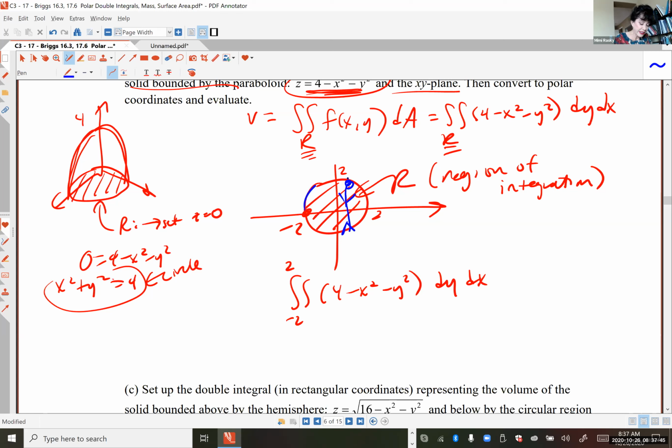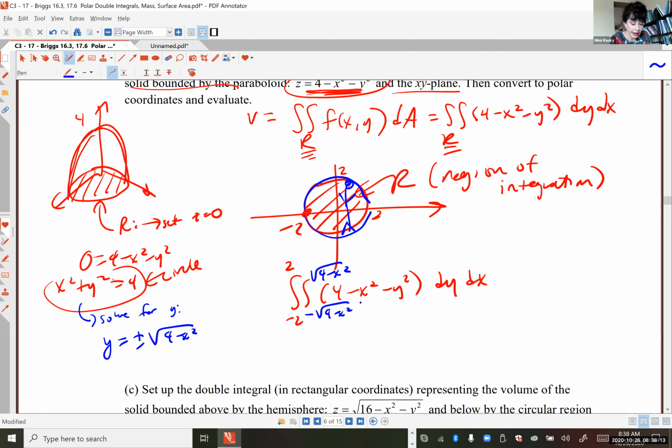The man's head is on the upper semicircle, and his feet are on the lower semicircle. So when I solve this circle equation for y, I get two answers. Y will be plus or minus the square root of 4 minus x squared. And those are going to be my limits. The upper limit is the upper semicircle, and the lower limit is the negative square root of 4 minus x squared.